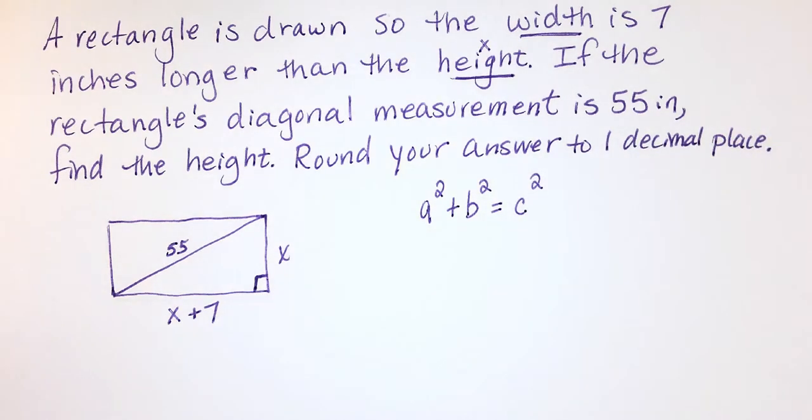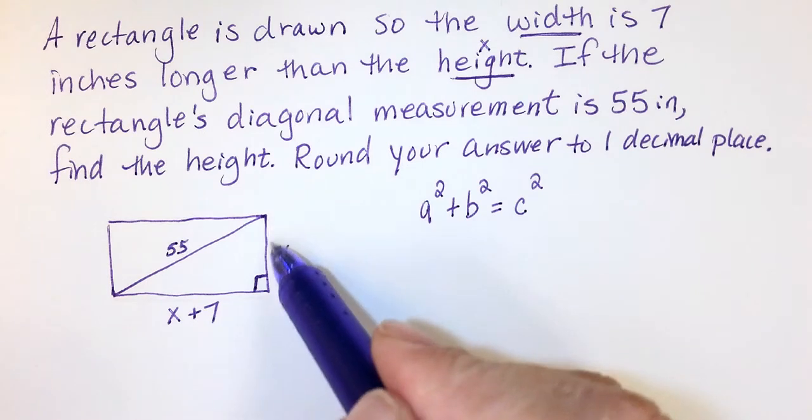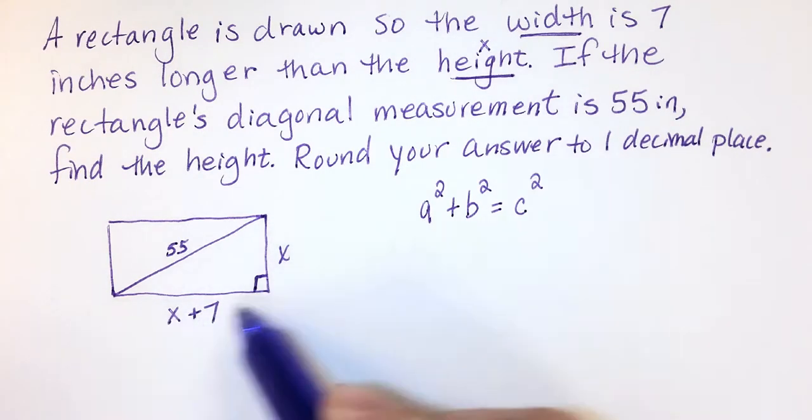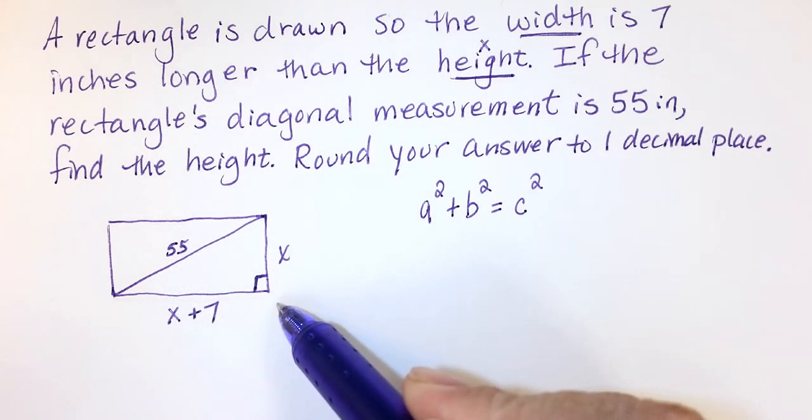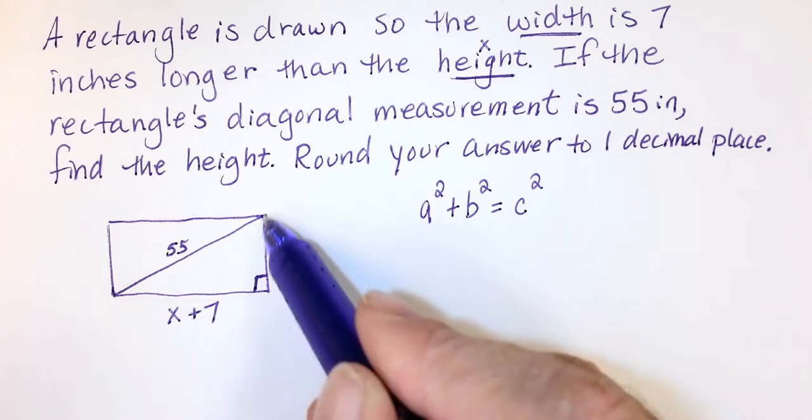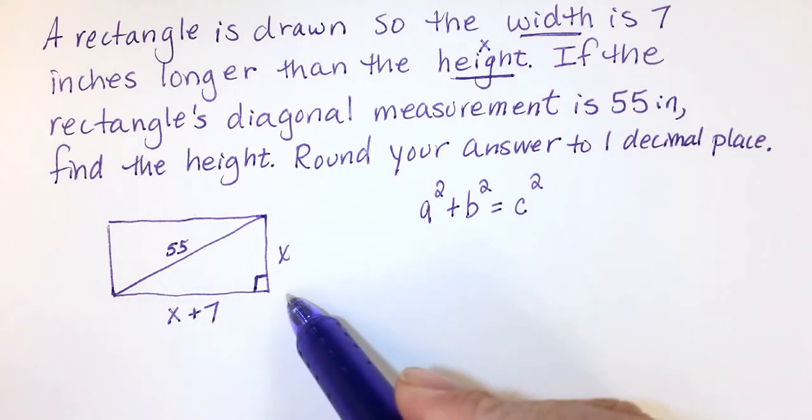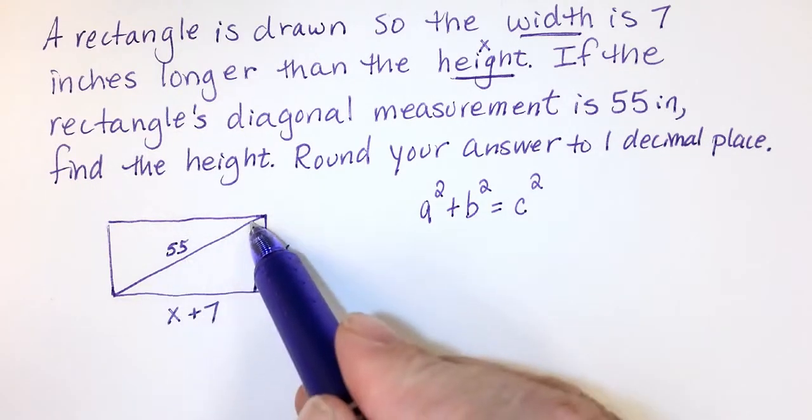Now, A and B are going to be the height and the width here. Often those are called legs. So the leg of the triangle, the leg of the triangle. This is called the hypotenuse, and that will always be C.